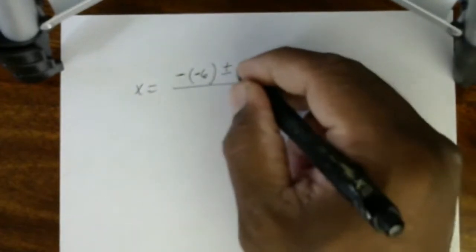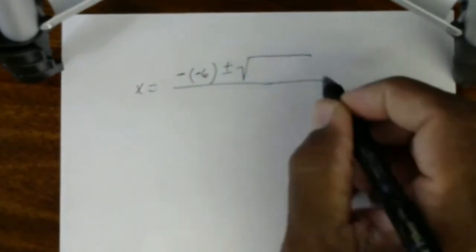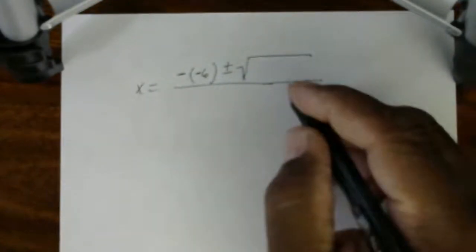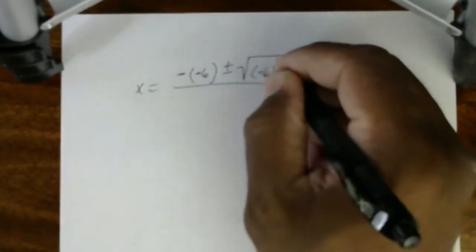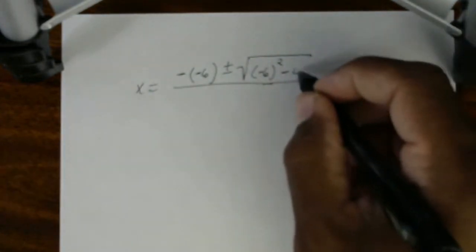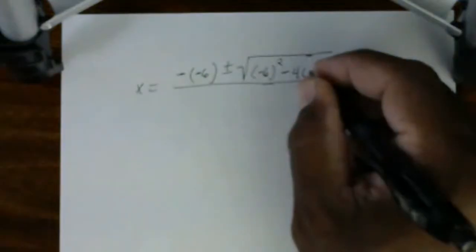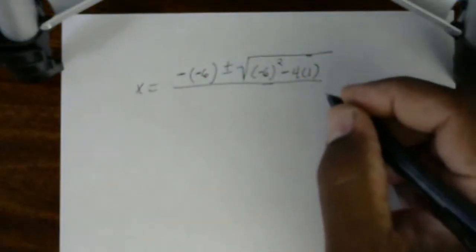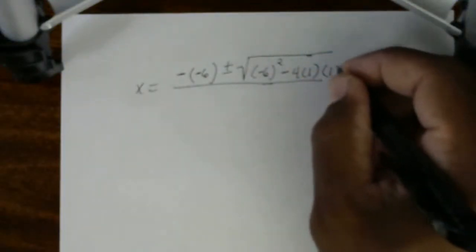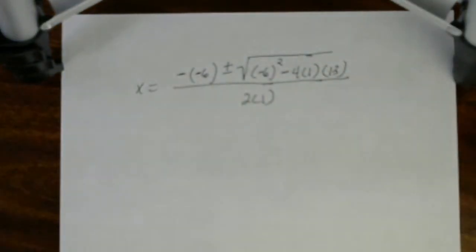Plus or minus the square root of b squared, so b is -6, squared, minus 4 times a, which is 1, times c, which is 13, all over 2 times a, which is 1.